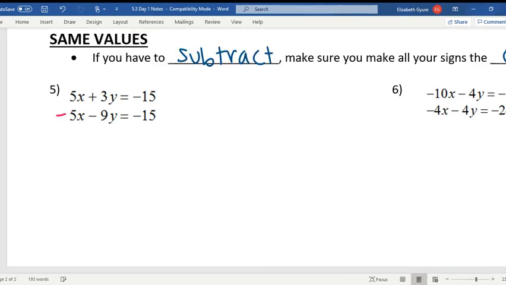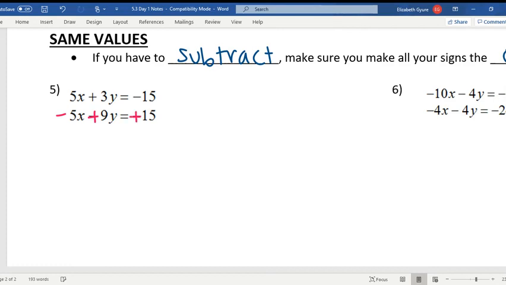Now, here's the thing about subtracting, though. If I subtract the 5x, what do I need to do with my negative 9y? Technically, don't I need to subtract a negative? And what happens if you subtract a negative? It turns into a positive. And what am I going to have to do with that second negative 15x?